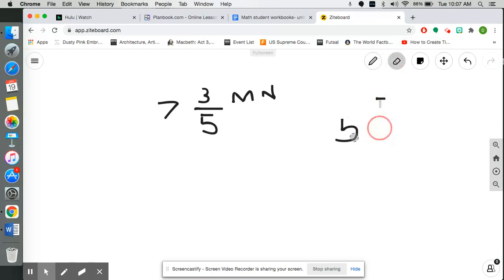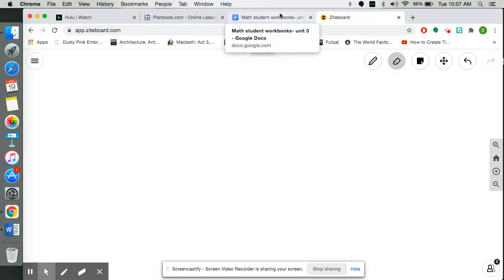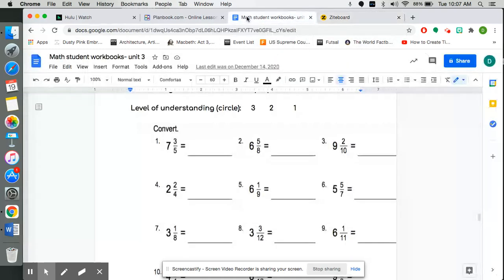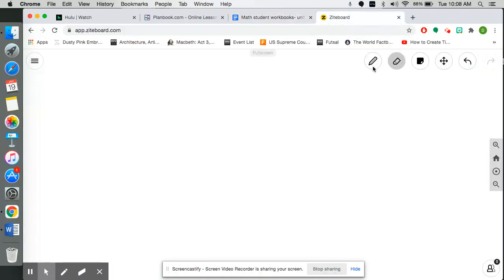So I'm going to go ahead and erase here, and I'm going to do a couple examples from your math student workbook following the steps. So the first thing I'm going to do is write down the steps so that you can keep accessing them. So the first step of changing a mixed number, and these are all mixed numbers, to an improper fraction is to multiply. Well, we'll do this. You are going to always keep the denominator the same.